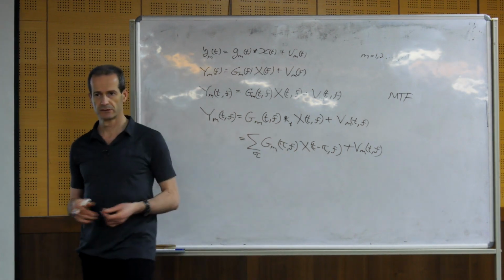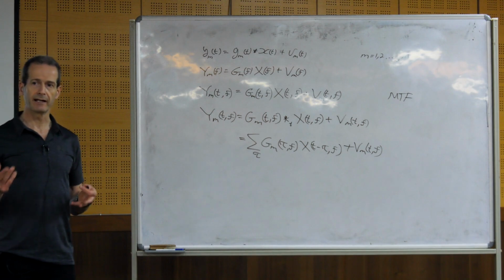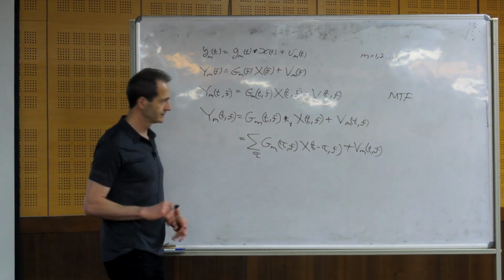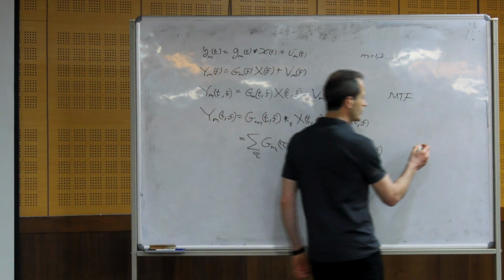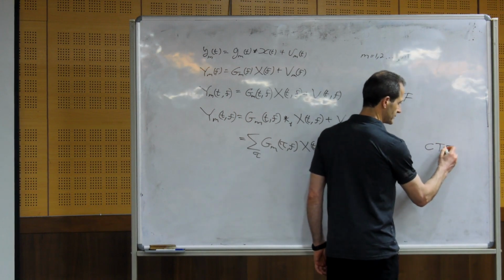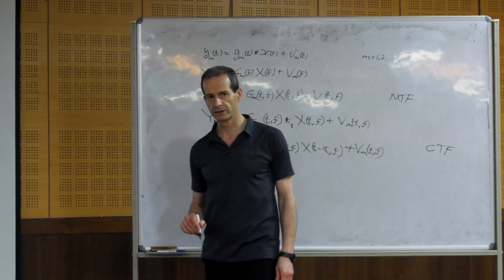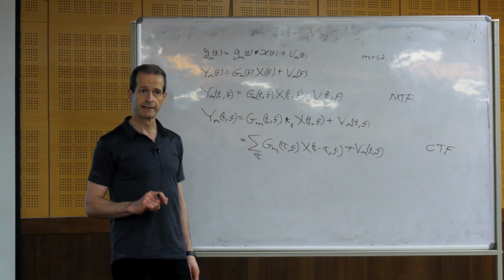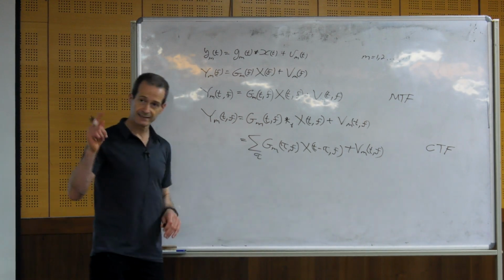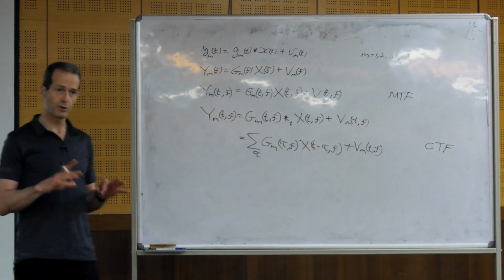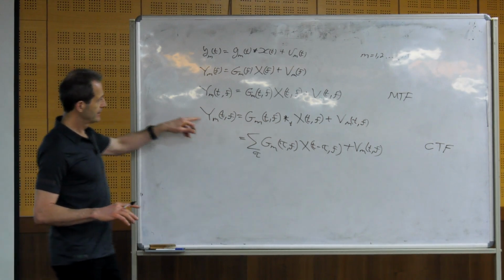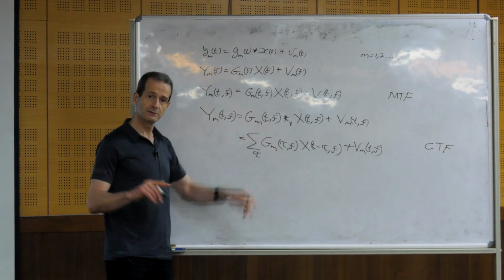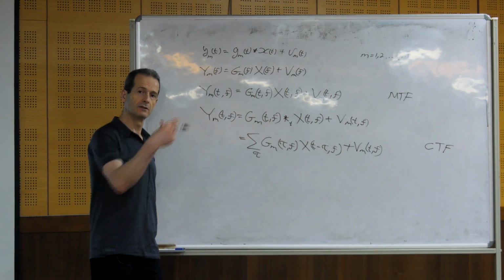So we don't use data from different frequencies. So it's like a convolution. This is called the convolutive transfer function in the STFT domain. It's convolutive because we use convolution. So even if you work in the STFT domain, you can process signals for each frequency, and then we need to take some additional windows.